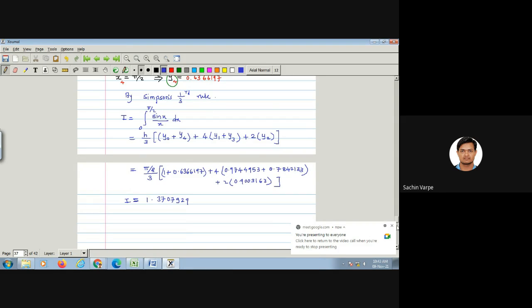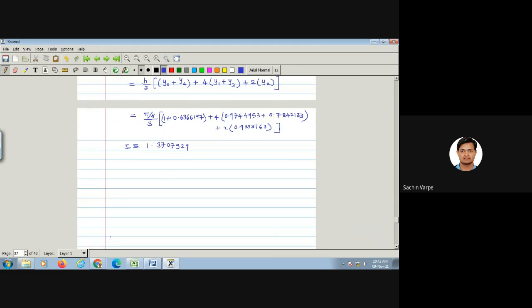Let's have one more example. Integration from 1 to 2 of 1 upon x square dx. Divide the interval into equally spaced intervals with the width given to be 0.5 and 0.25.